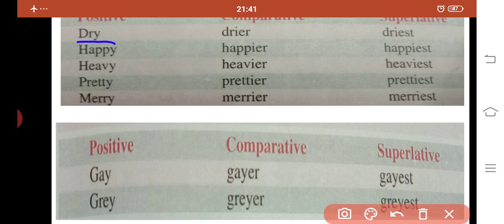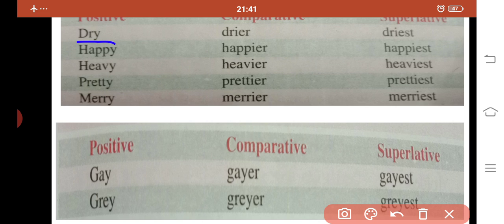Here R is a consonant letter, so the y is changed into I. If the y letter is preceded by a consonant, we have to remove the y. Instead of y, we have to put I there, and we have to add er to get the comparative form.